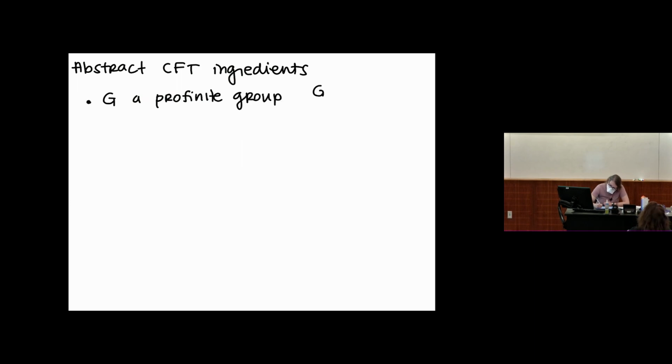And what I mean is that your G is some inverse limit of G/H, where H is finite. So a profinite group just means you have a bunch of finite groups that you got from somewhere, and then you take a projective limit of them.